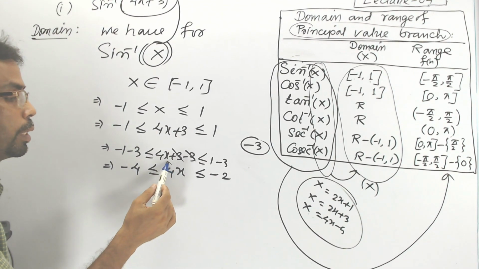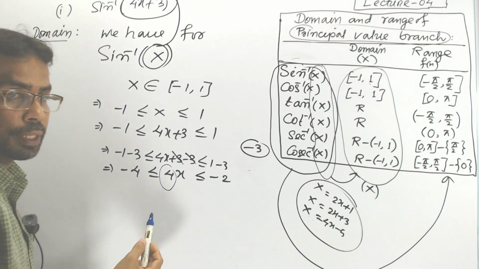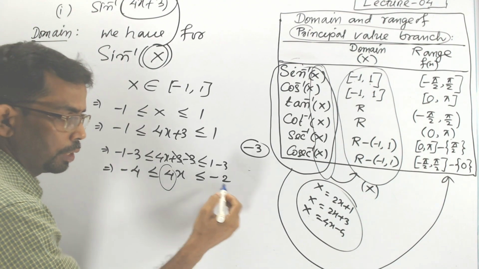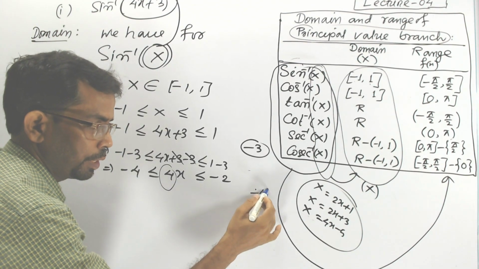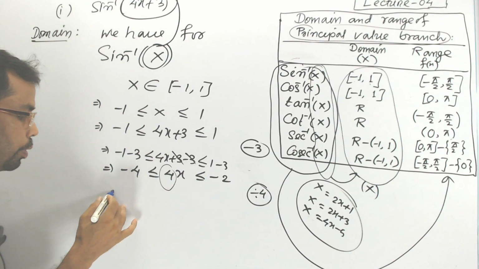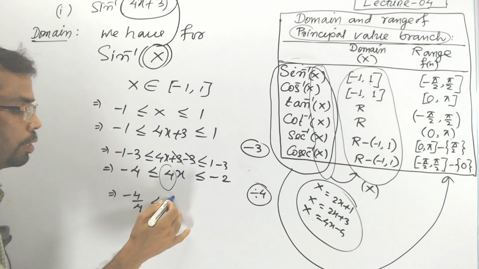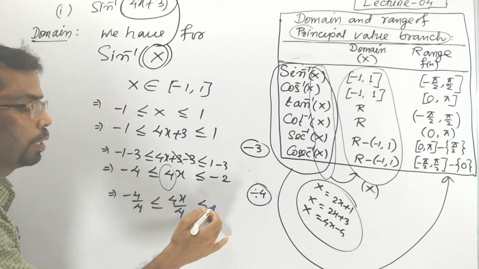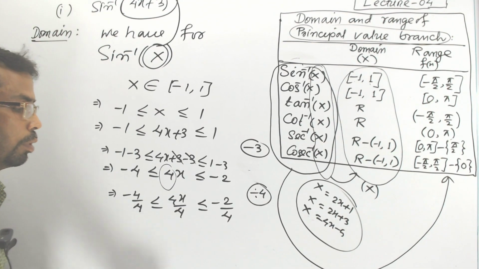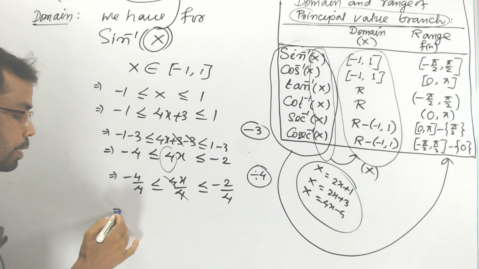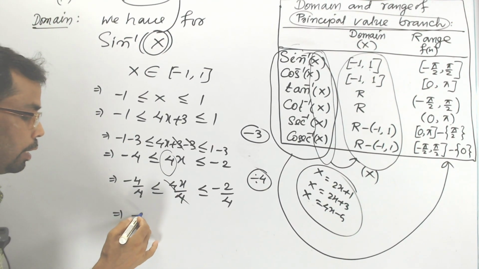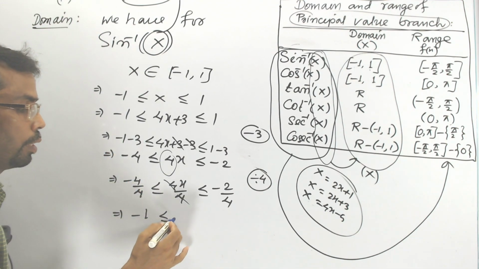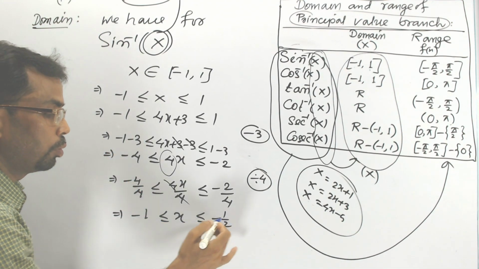Then I have to remove this 4. To make x free I have to divide each term by 4. So minus 4 by 4 less than equal to 4x by 4 less than equal to minus 2 by 4, each term divided by 4, and this gets cancelled, so x is becoming free. And then this is minus 1 less than equal to x less than equal to minus 1 by 2. So I got the domain.